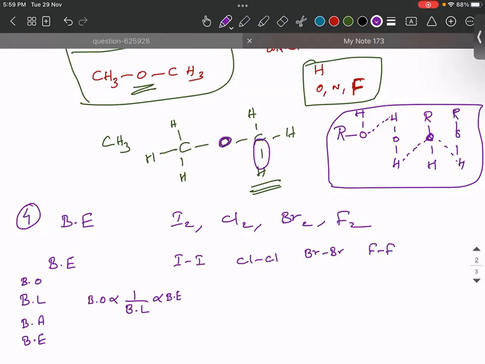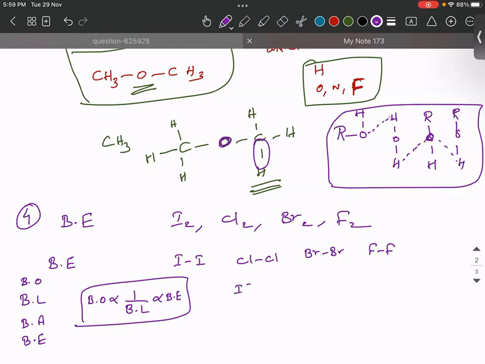Now you tell me. So all are halogens, and the periodic properties I have taught about that. What are the things you learned?